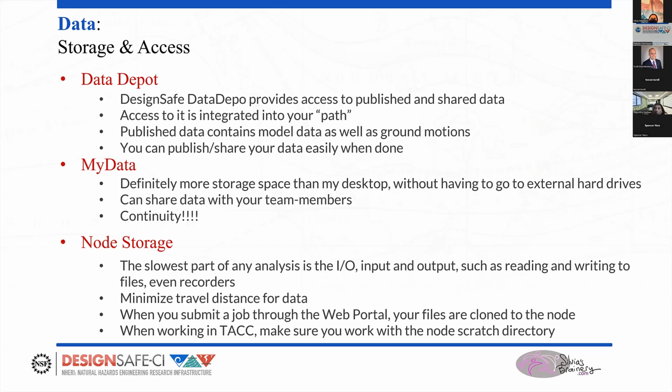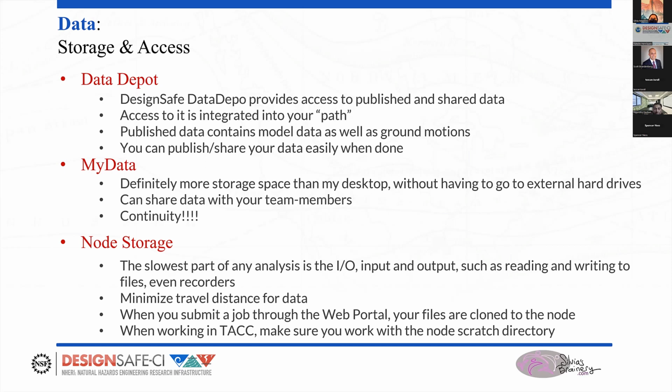And so when you submit jobs through the web portal that are sent to the HPC system, you'll see that the HPC system actually clones your data to the hard drive or the disk space or the scratch directory of that node. And that makes it super fast, a lot faster than having to write to your C drive or your D drive or your external drives. And so that's something really powerful when you're working in the HPC system.